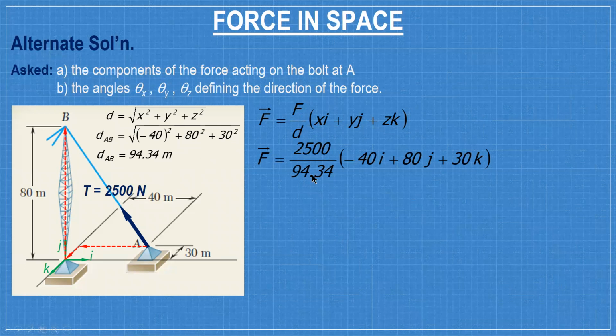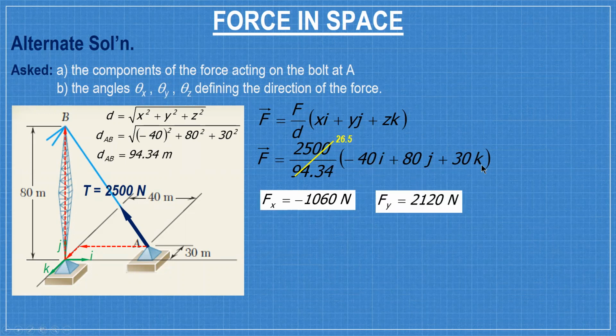Next, you distribute. You can divide this: 26.5 times negative 40, 26.5 times 80, 26.5 times 30. And the result gives you Fx, Fy, and Fz directly.